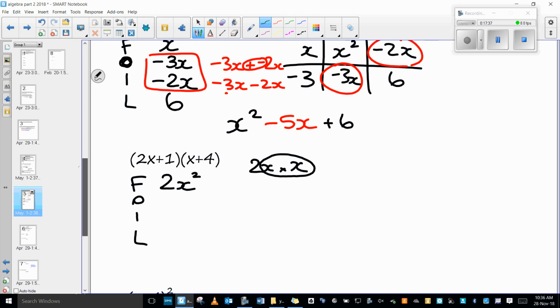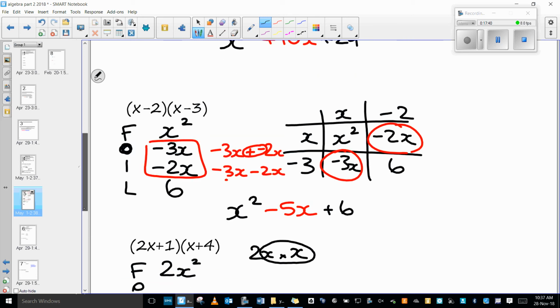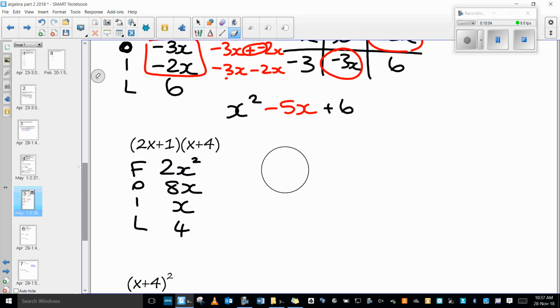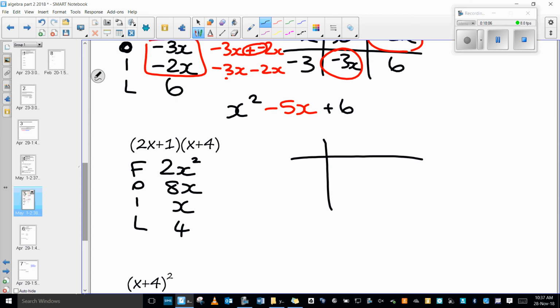Okay, so O. 8x. Go. I. You go x. Remember we avoid writing 1. And L. 4. Go. And boxes. 2x squared, 8x, 1x, 4.